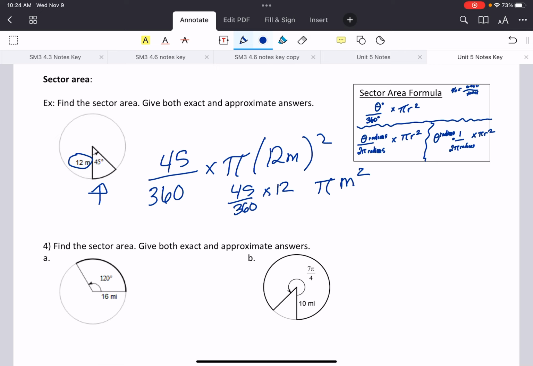I always put my fraction into parentheses just in case. Times 12 equals 3 over 2. Or math, enter, 3 over 2. That is what we want. 3/2 pi meters squared. That is our exact answer.